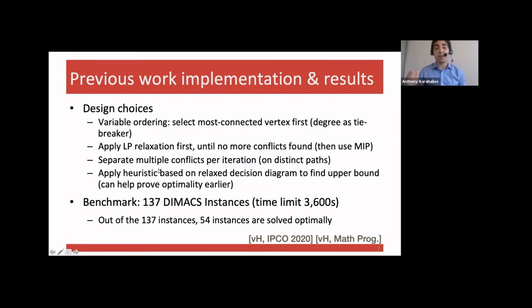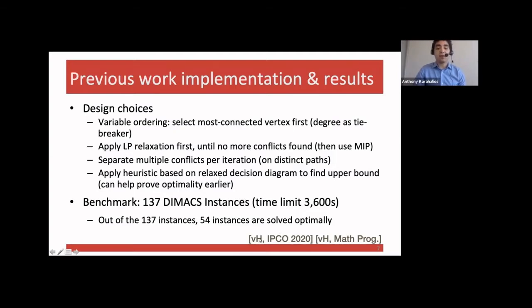At each iteration, we might have multiple color classes. Do we want to look for the first conflict that we find in a color class and resolve that and move on? Or do we want to resolve all the conflicts that we see in all the color classes and then iterate from there? And also, which upper bound heuristic would we like to use as well?